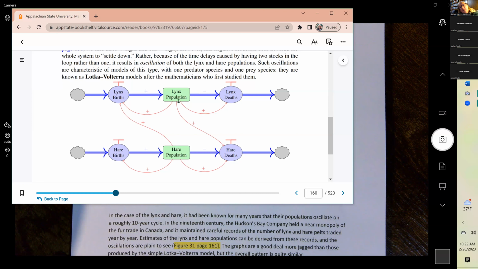Now, this is also a loop then. But this loop is trying to stabilize because there's an odd number of negatives. An odd number of negatives stabilizes. Any questions on that part?